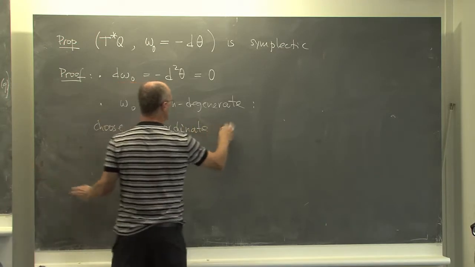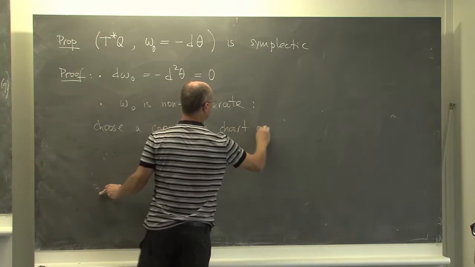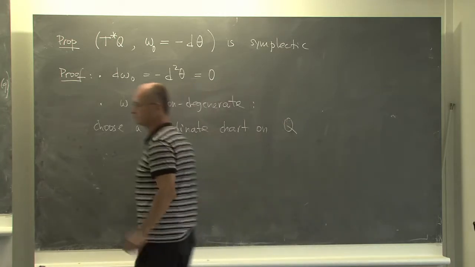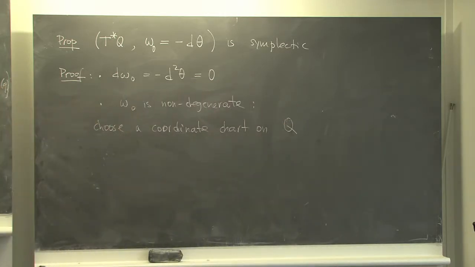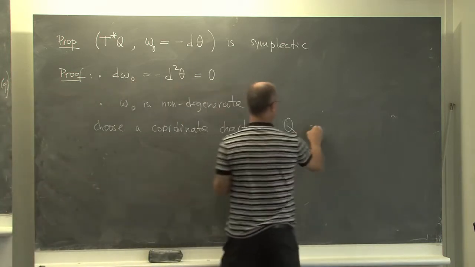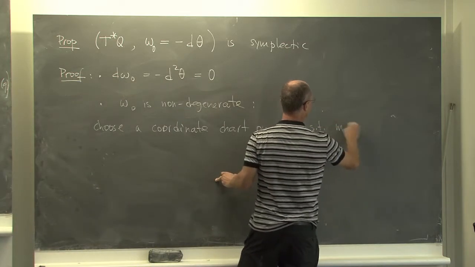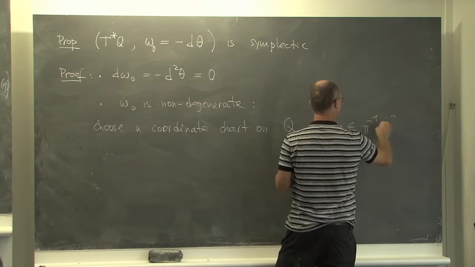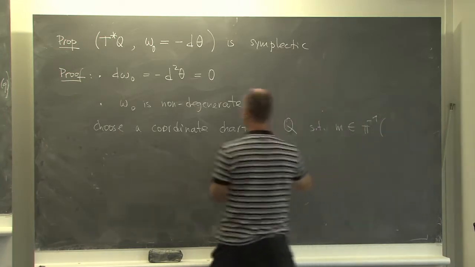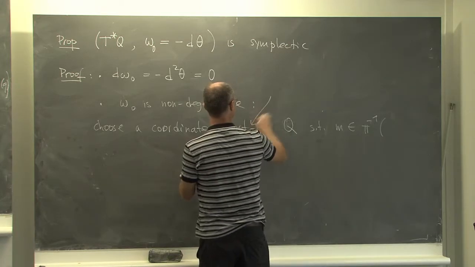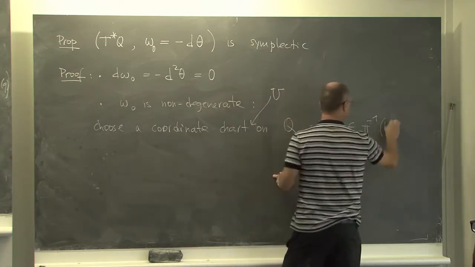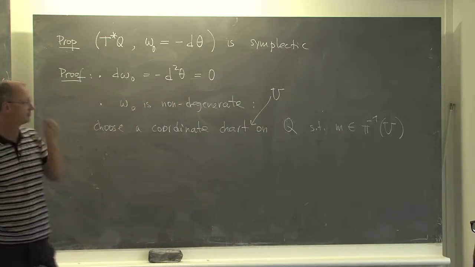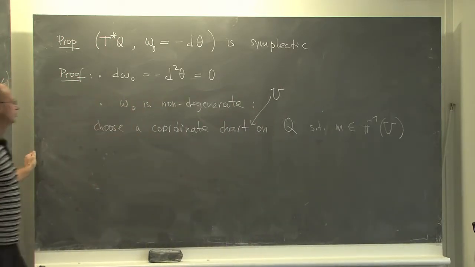Choose a coordinate chart on Q such that the point of your choice belongs to the preimage of this chart, let's say U, under the canonical projection. That's the place where you want to study your form.